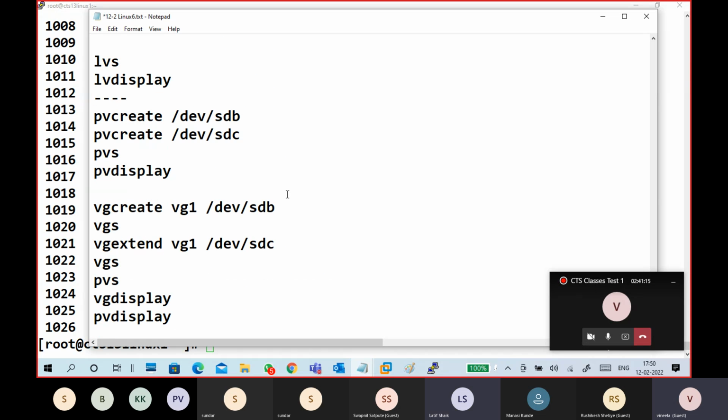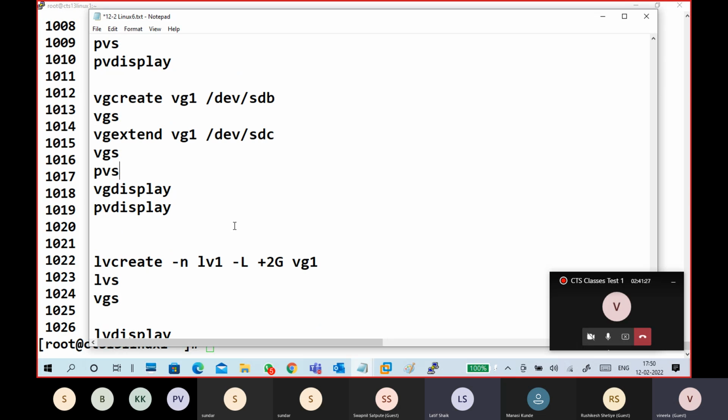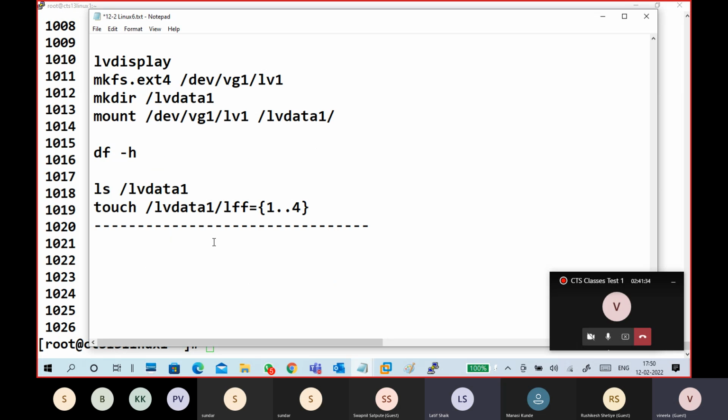pvcreate to create the physical volume, vgcreate for creating a volume group, vgextend to add another physical volume to your volume group. lvcreate is the command to create logical volumes. Then lvextend, tune2fs, resize kind of stuff is also there.